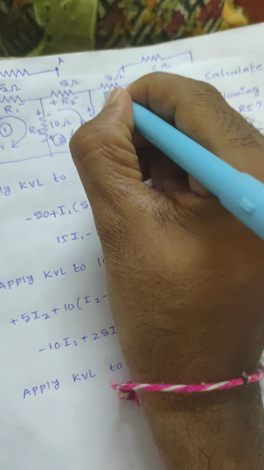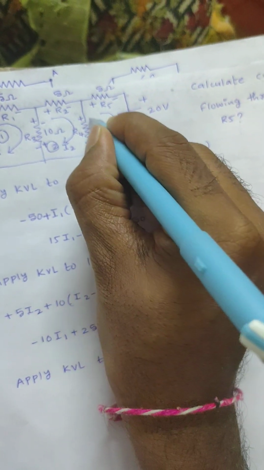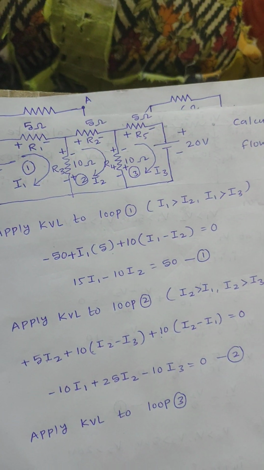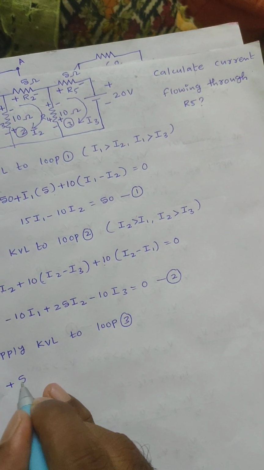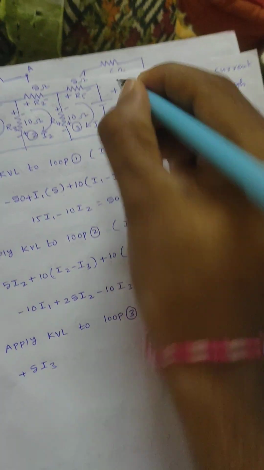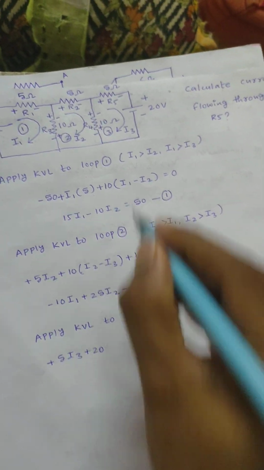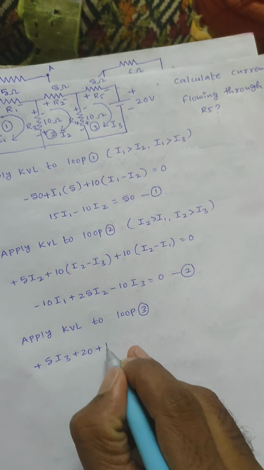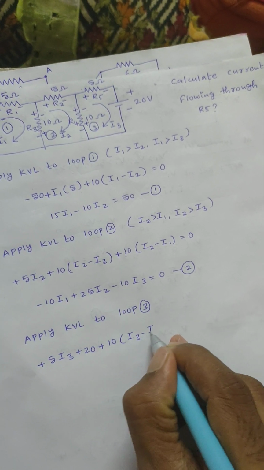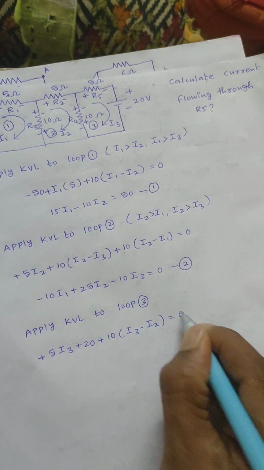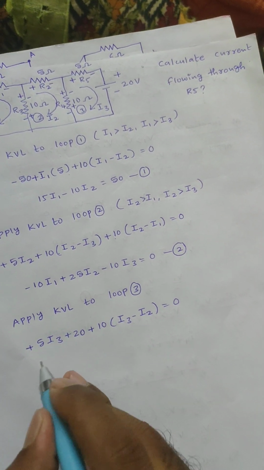For loop 3, again across passive elements the polarities will be clockwise, plus minus. Plus 5 into I3, plus 20, plus 10 into I3 minus I2, equals 0. First write the I1 terms.